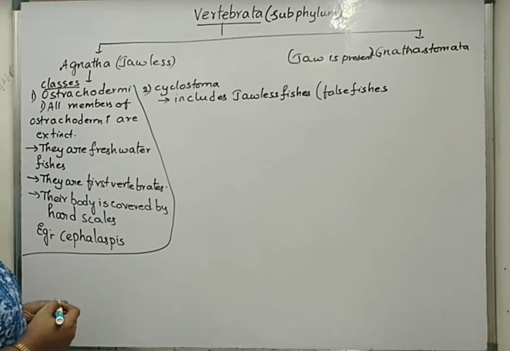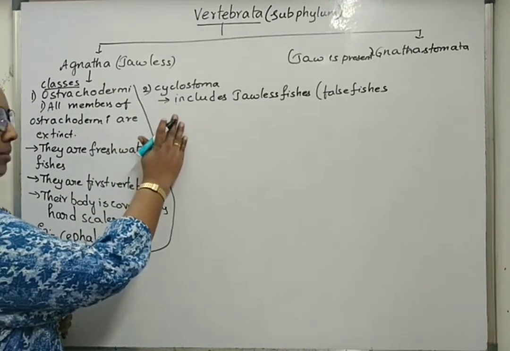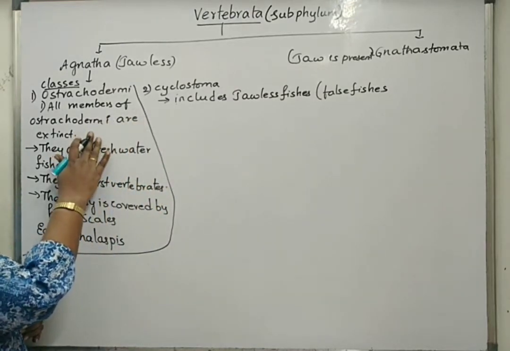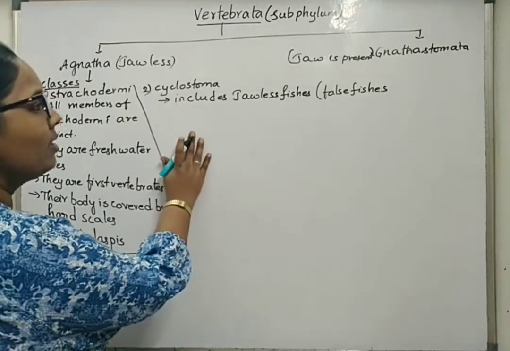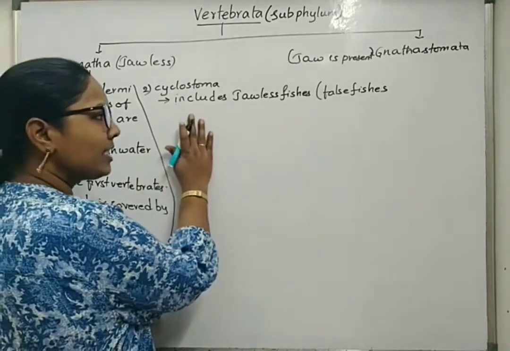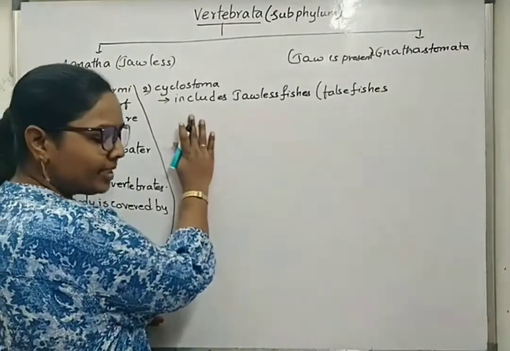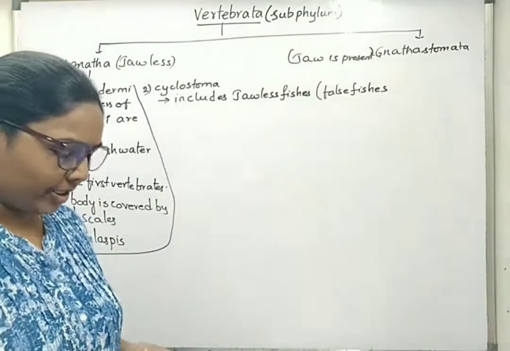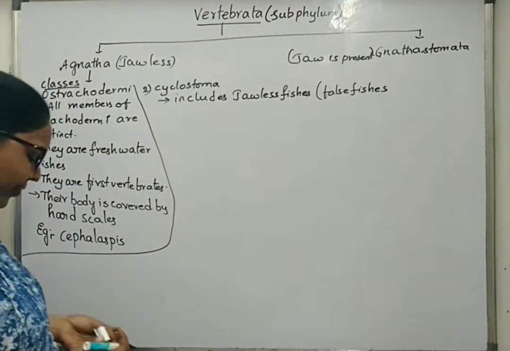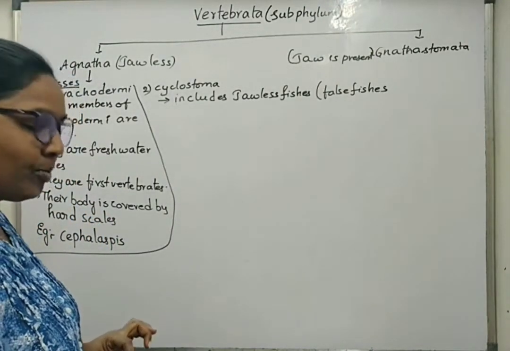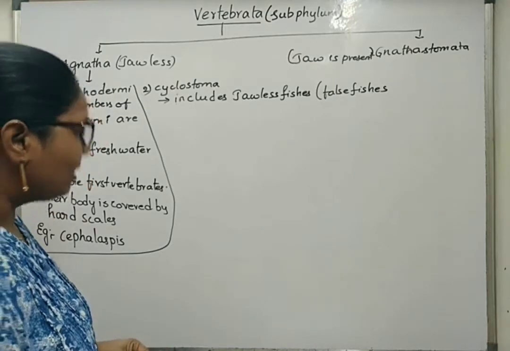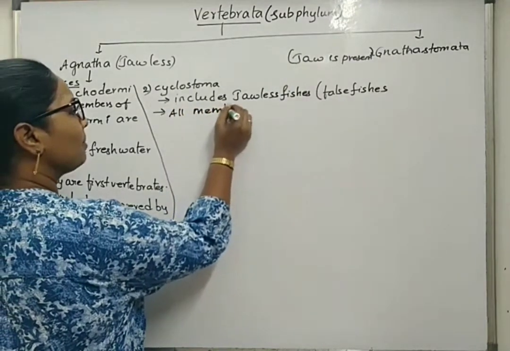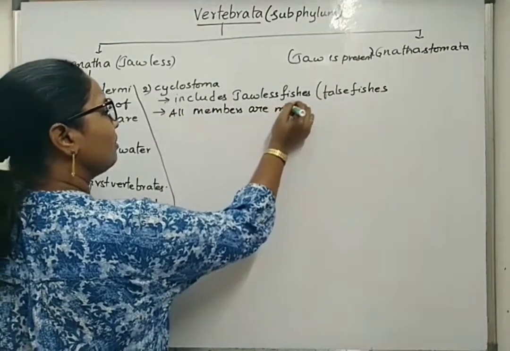Most of the members of this class are marine organisms, but the previous one, the Ostracodermi members, are freshwater. Cyclostome fishes are all marine, and they show an anadromous condition. They are also called anadromous fishes. We will see the meanings of the terms anadromous and catadromous later. All members are marine forms.